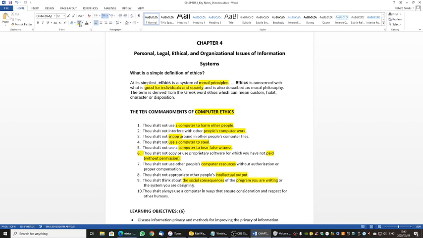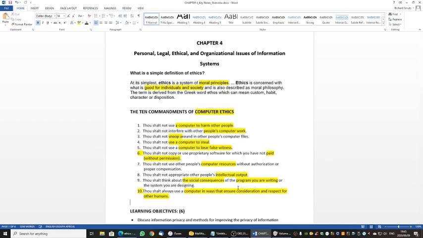You do not wish to do any harm. Finally, the last one, you should always use a computer in any way that will take into account the consideration of other human beings. So what we have here is the 10 commandments of computer ethics.